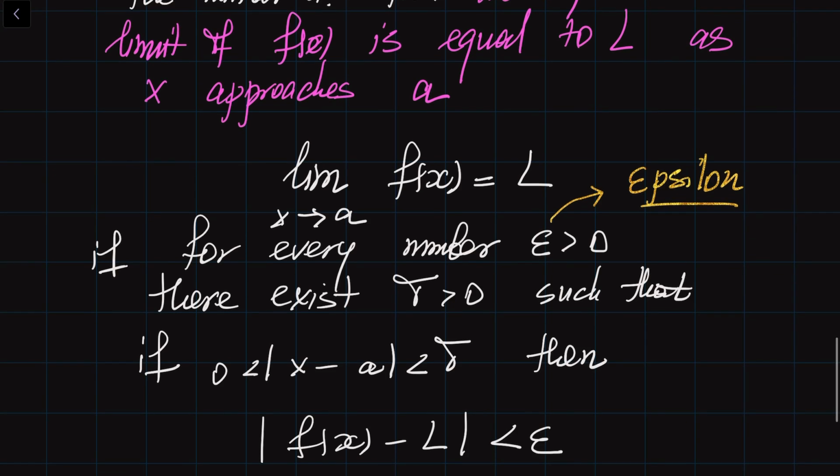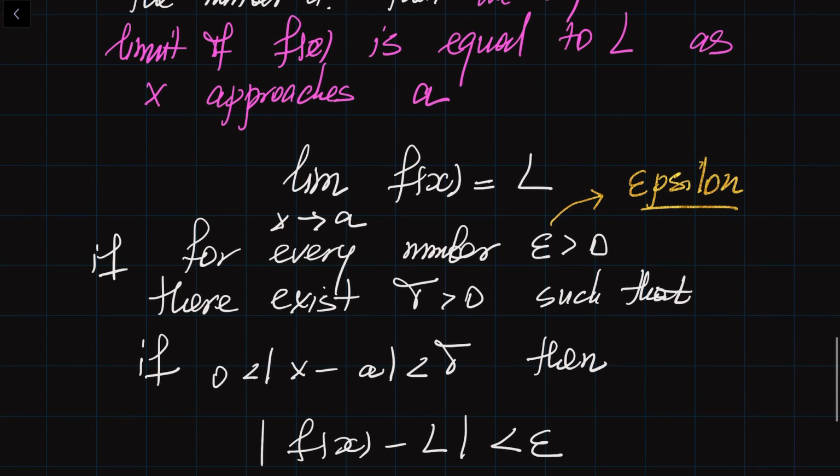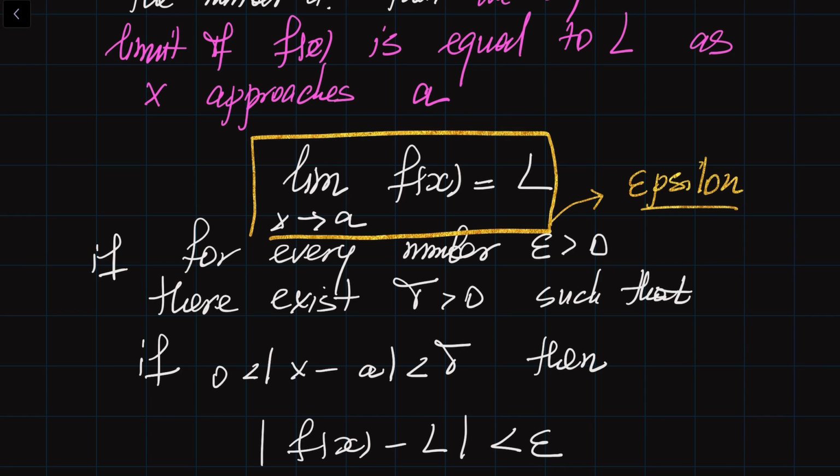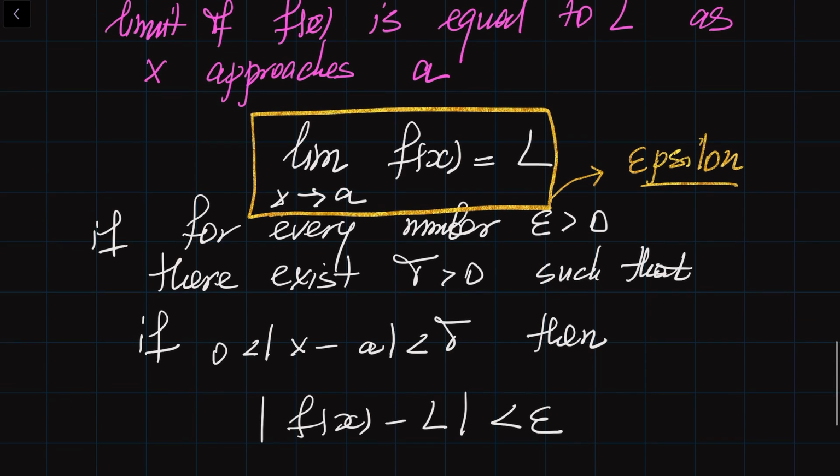So this definition basically tells me that the limit of f of x is equal to L as x approaches a means that I can control the distance between f of x and L by controlling the distance between x and a. So there should always be a dependency between these two distances.